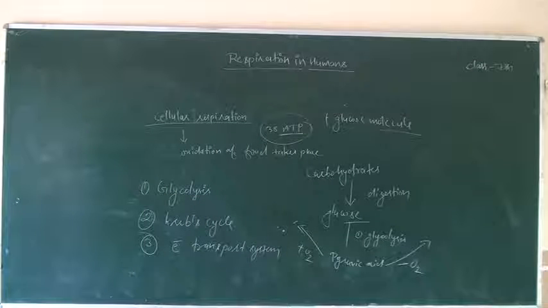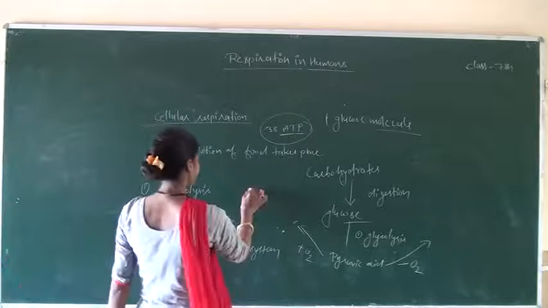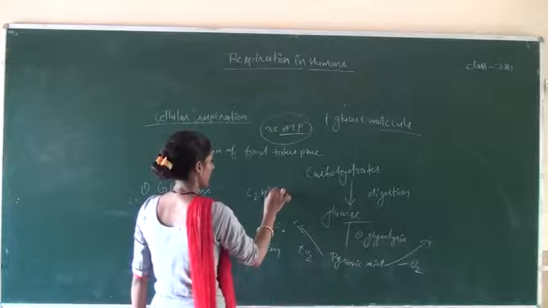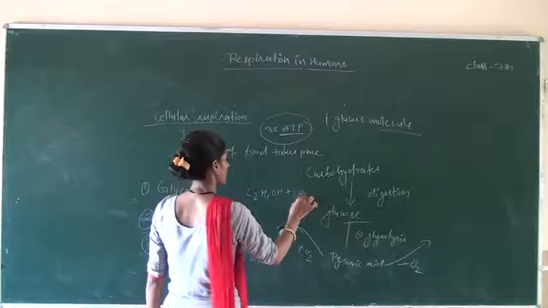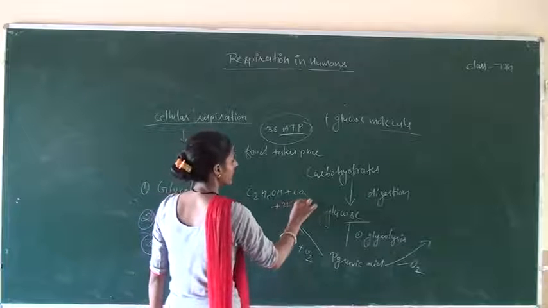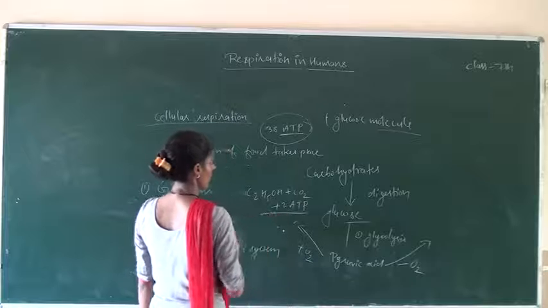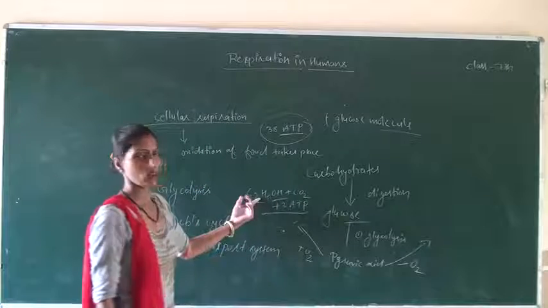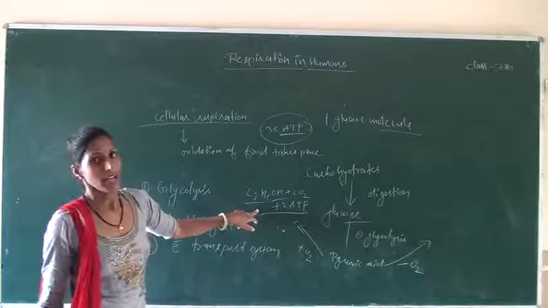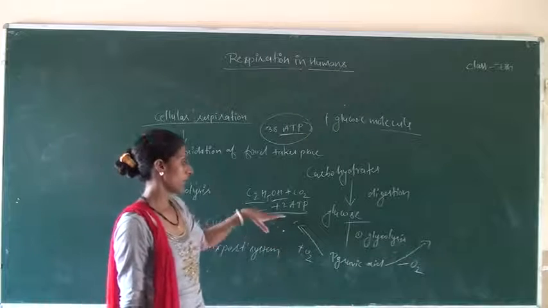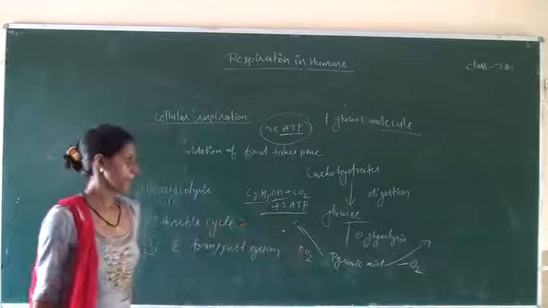In anaerobic respiration, ethanol, carbon dioxide and 2 ATP molecules are formed. C2H5OH, alcohol, is generally known as ethanol.